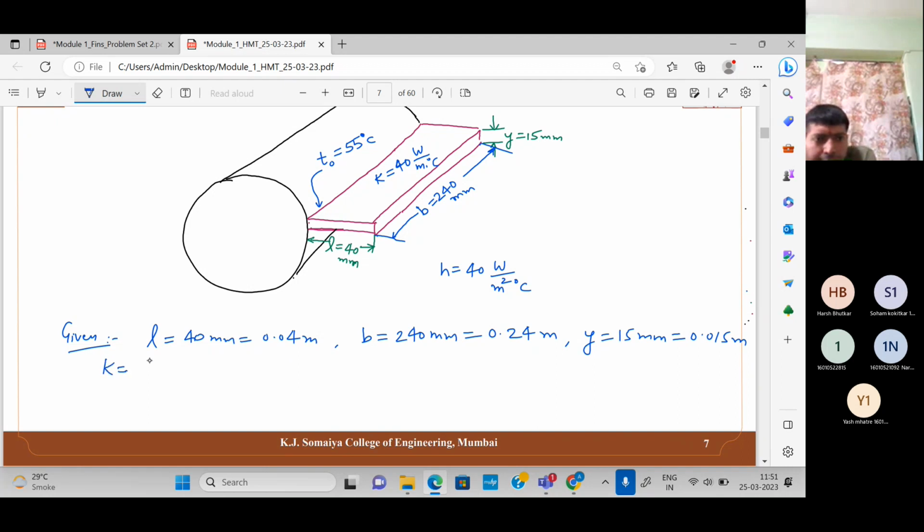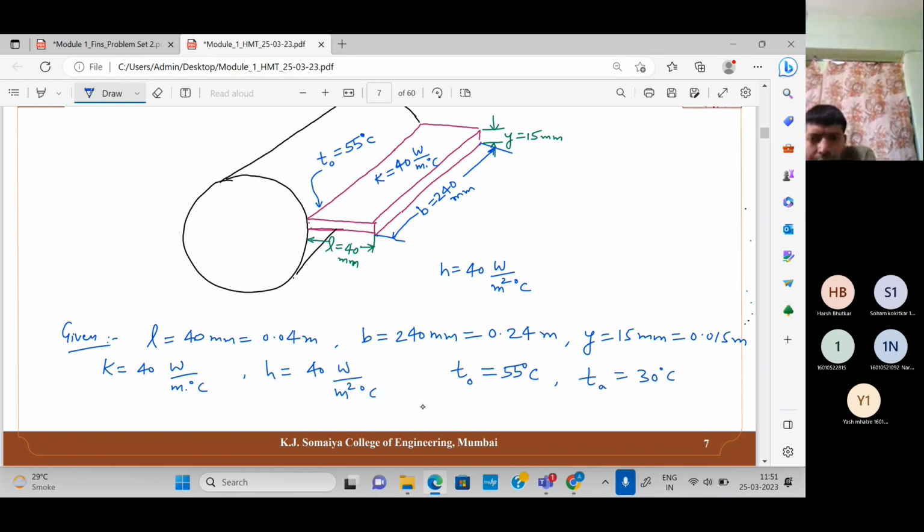Thermal conductivity is given, it is 40 watt per meter degree Celsius. Convective heat transfer coefficient is also 40, unit will be watt per meter square degree Celsius. The base temperature is 55 degrees Celsius. The ambient temperature is given as 30 degrees Celsius.